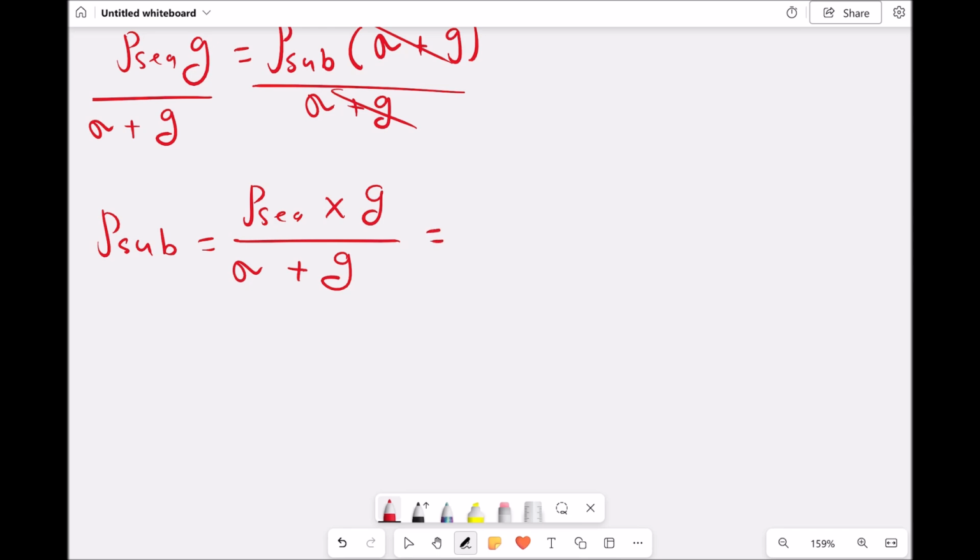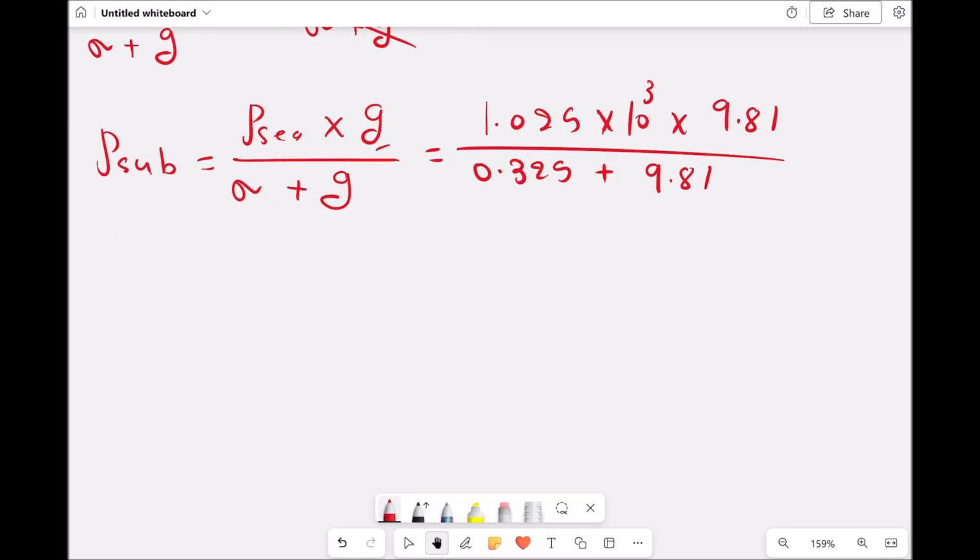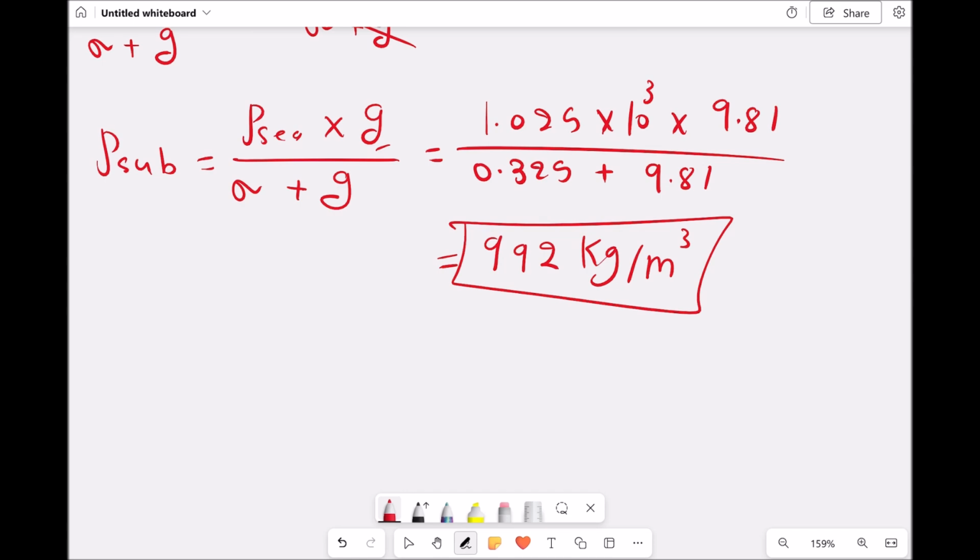So you have the density of the seawater, which is equal to 1.025 times 10 to the power of 3, times gravity, which is 9.81, divided by, you had acceleration, which was equal to 0.325 plus 9.81 again, which is the rate of gravity. Add all of this together and you will get 992 kilogram per meter cubed. This is the density of the submarine.